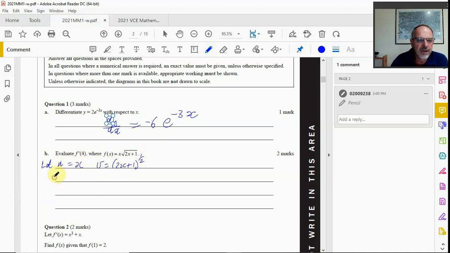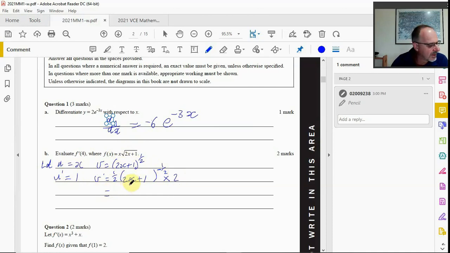Okay, so u dashed, of course, is 1 there, and v dashed. I'm going to use the rule of thumb shortcut, so I don't need to do the chain rule. The power comes down, reduces by 1, multiply by the derivative of what's inside, which is 2.